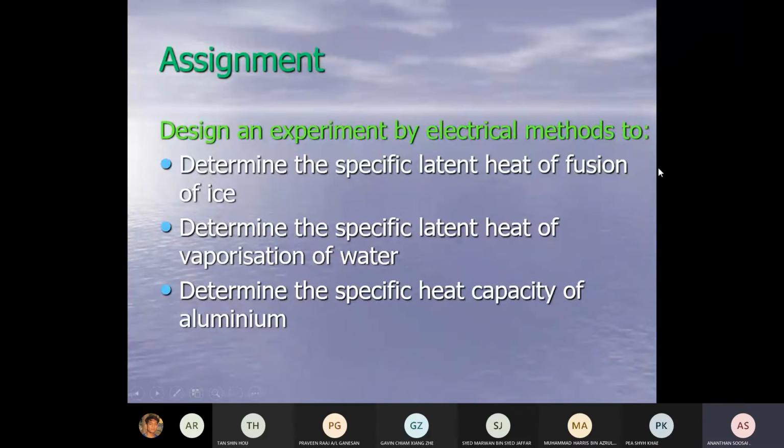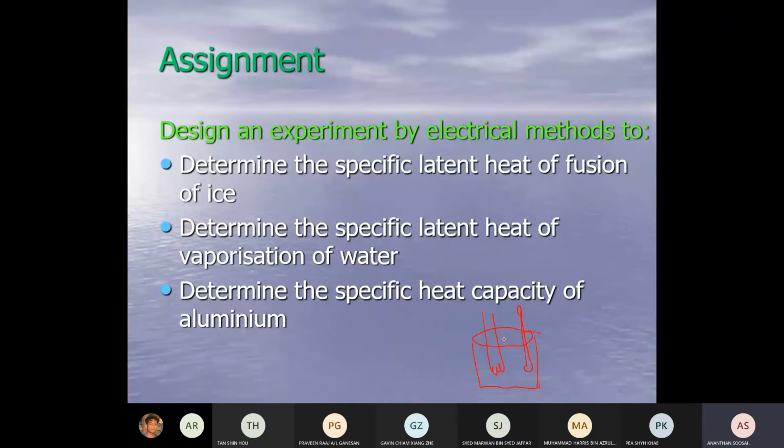Okay, latent heat of fusion. First we go for the specific heat capacity of aluminum. How does the setup look like? You need to use the electrical method. So what do you do? Anyone? You have an aluminium cylinder. Then you use a heater, and on the other side you place a thermometer.